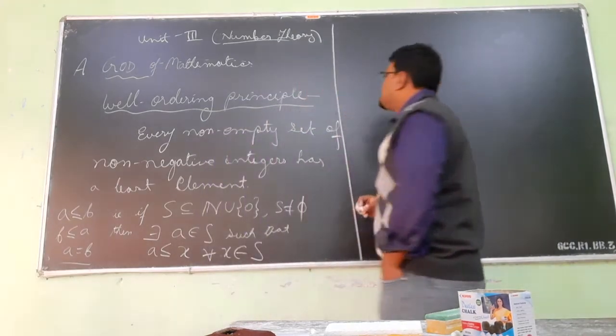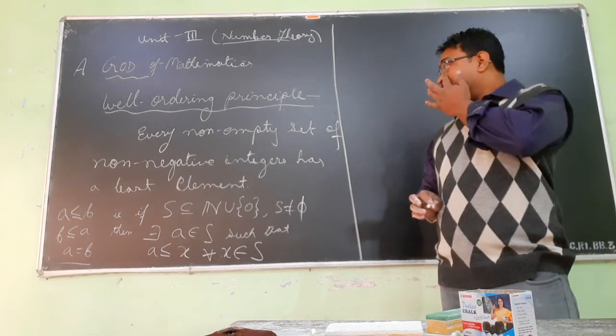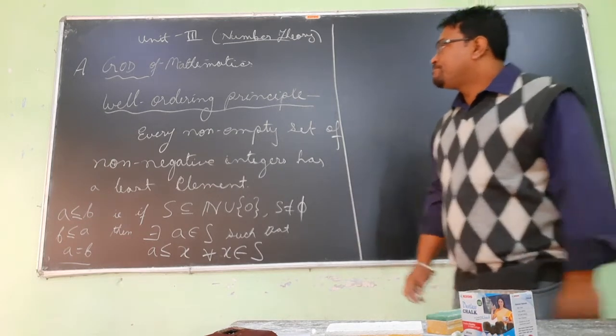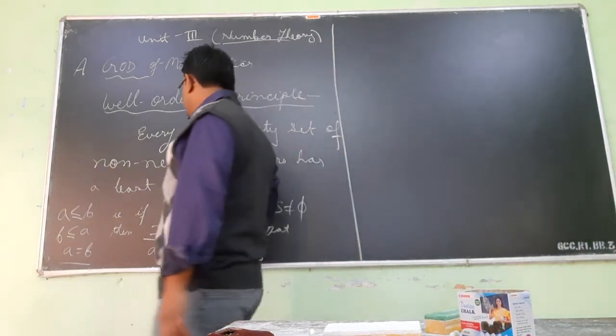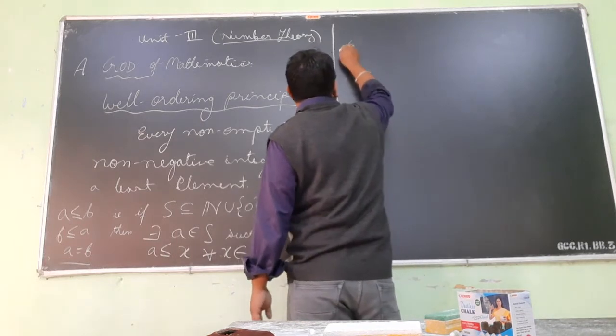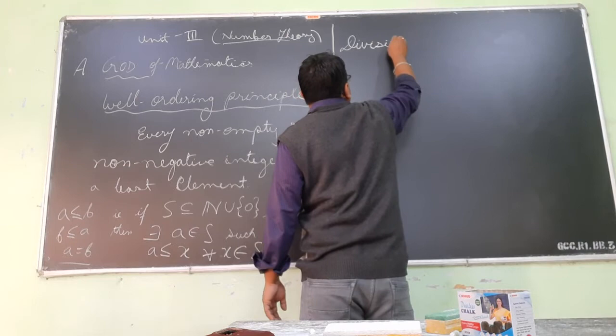Using this, we will prove the principle of mathematical induction, and we will also prove the division algorithm. Using this concept, we will prove the division algorithm. So this is where we begin our number theory, the division algorithm.